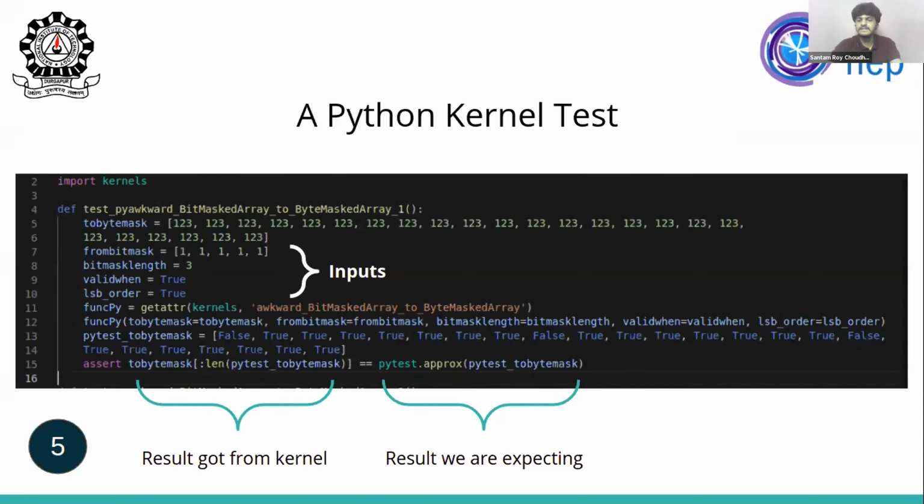Then we have the expected output, as you can see in line number 13. In line number 15, we again pass these inputs into the kernel, and then we assert whether the result given by the kernel is the same as the one we are expecting, which is the one given in line number 13.